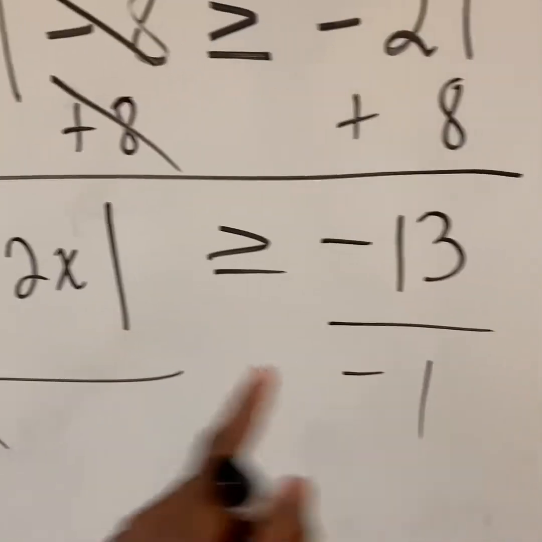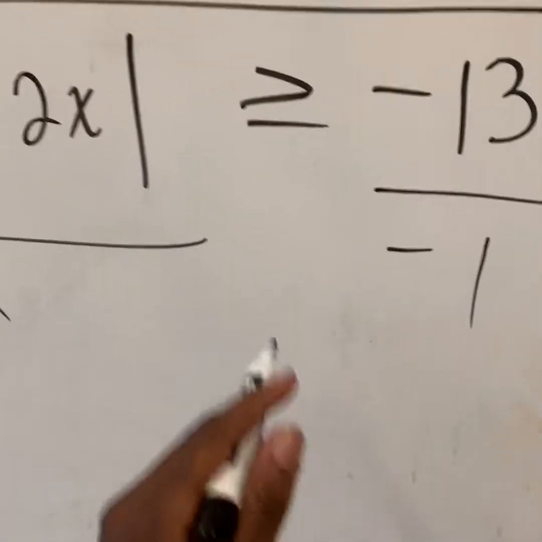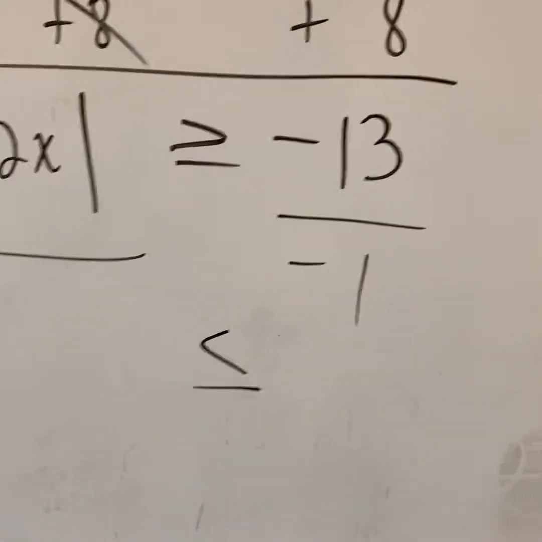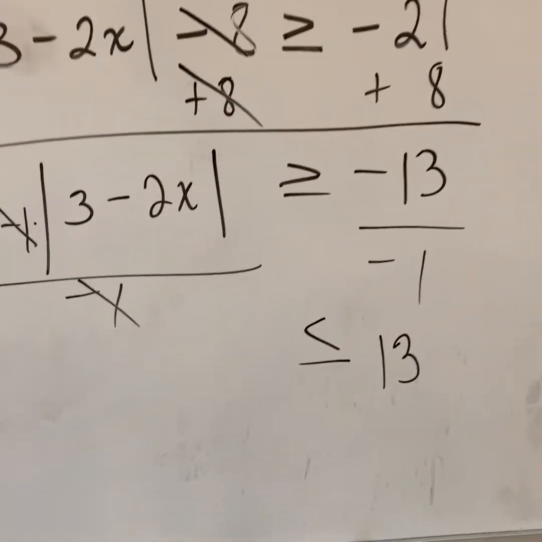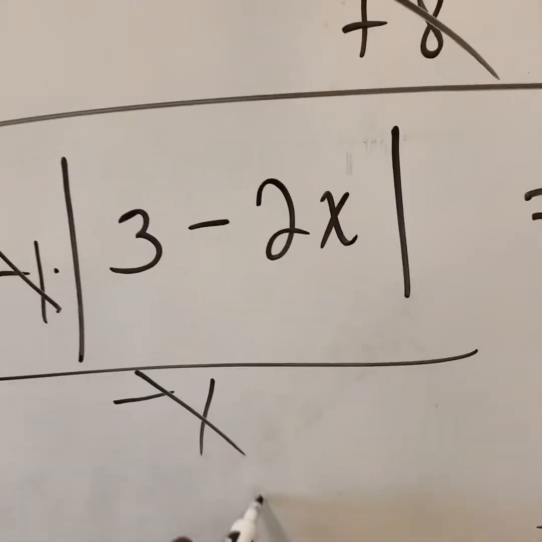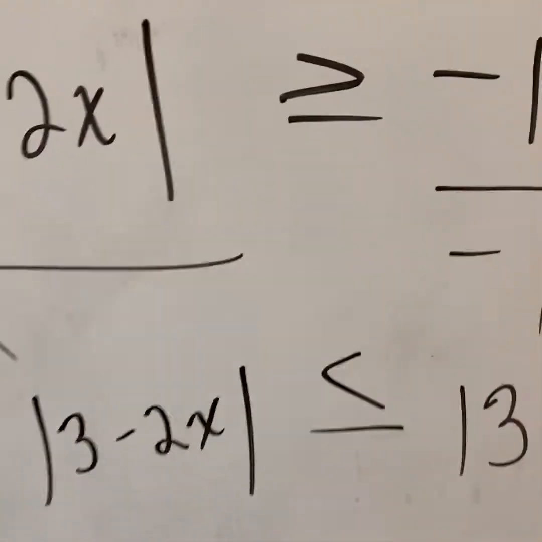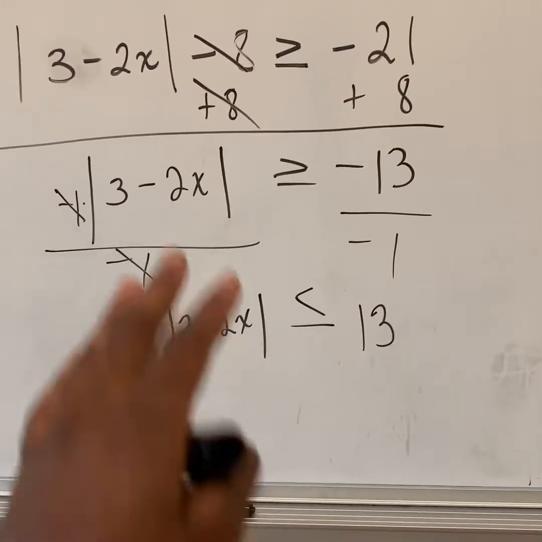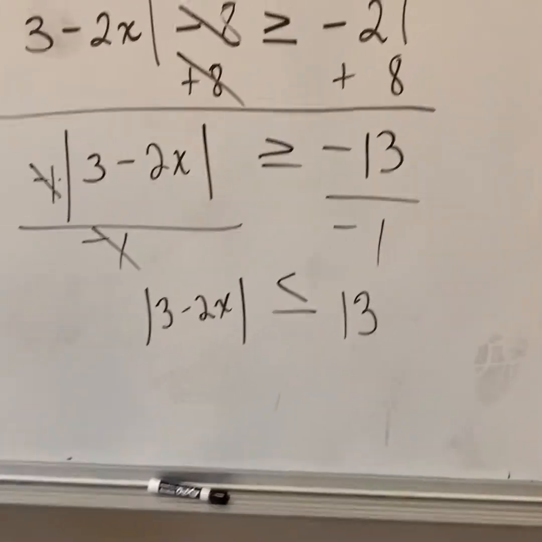And remember, anytime you divide by negative numbers on an inequality, it's going to make this sign flip. I can explain why in some other video, but just remember that's what's going to happen. So now I have a +13, and now my absolute value is all by itself. You have to do that part of it first. That's before we even get to the real solution.